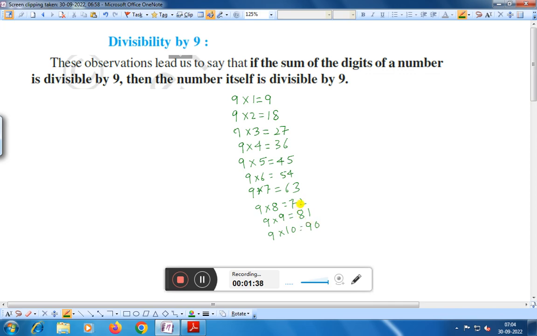Now, if we add the digits of these numbers, here it is 9, so the sum is 9. If we add this number also, 1 plus 8, we are also getting 9, right? If we add this number, 2 plus 7, we are also getting 9, right?